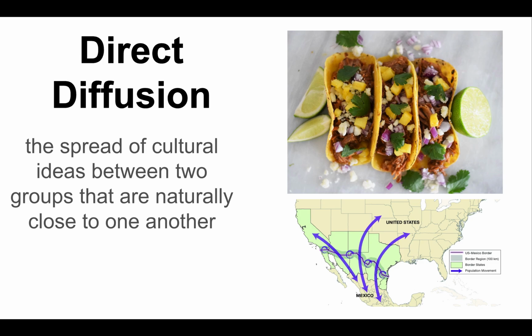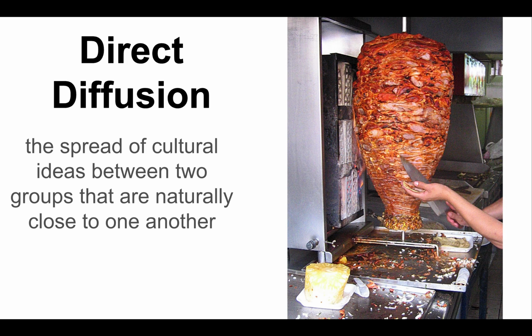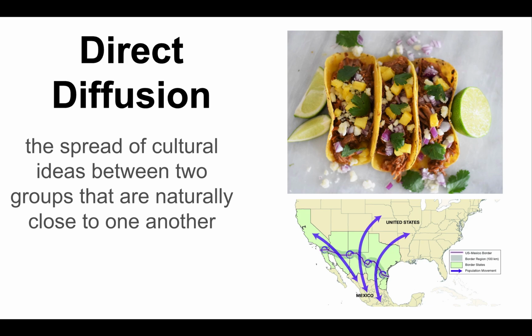So tacos like these being so delicious, you can imagine they're naturally going to spread into the culture of the United States. So if you have a favorite type of Mexican food, maybe you can list that. If you want to just title it Mexican food as an example, that is a great example of cultural diffusion and direct diffusion of how that has shaped the culture of the United States.